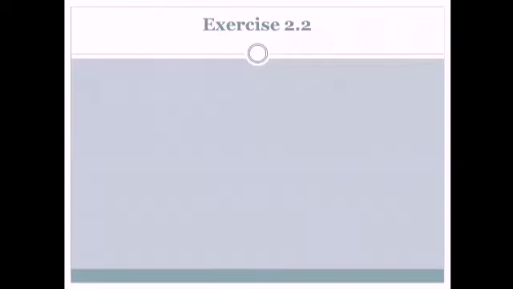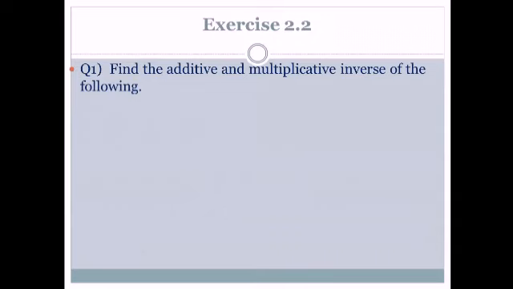Exercise 2.2. Question number 1 is: find the additive inverse and multiplicative inverse of the following. In this question, you have a total of 12 parts, but in your syllabus, 6 parts are included. Which ones? I'm going to tell you here: 1, 2, 3, 4, 11, and 12.